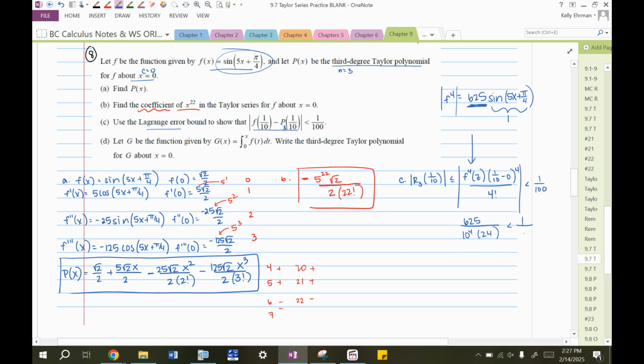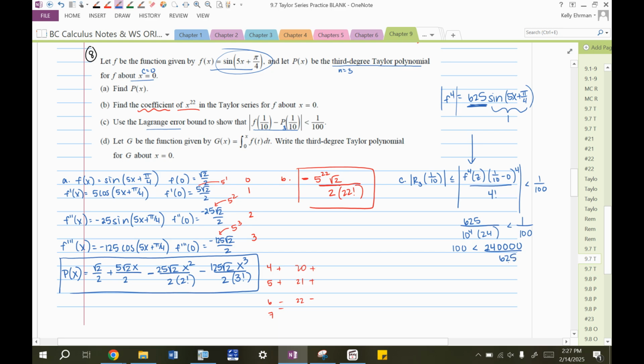We need to show that that's less than 1 over 100. Or we can flip it around. 100 is less than 10 to the fourth times 24. Let's go ahead and do some math on that. That's 24 with 4 zeros over 625.